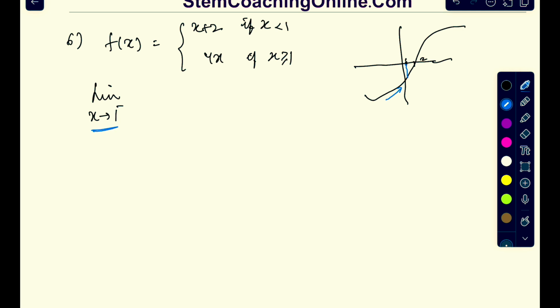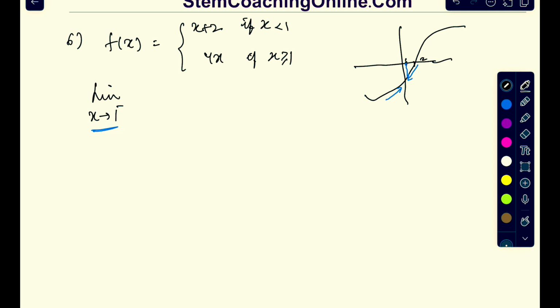This is what it means. Similarly, if I have the limit as x approaching 1 plus, that means x is approaching 1, but from the right side. That's what it means. And I explained it in the course for AP Calculus. Okay, so let's go back to our question.